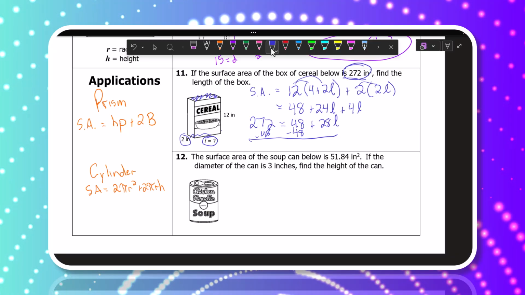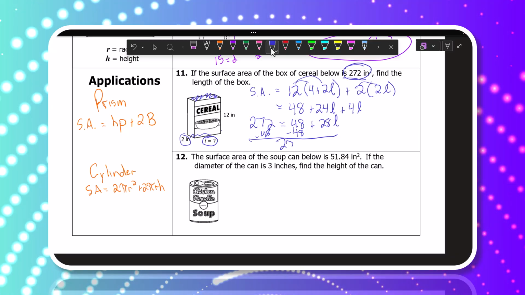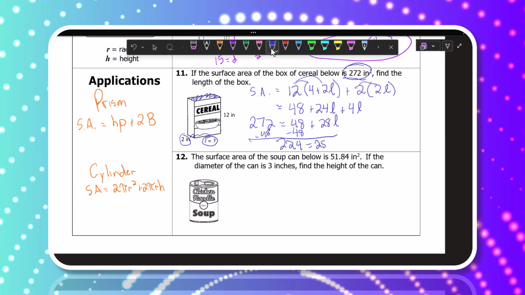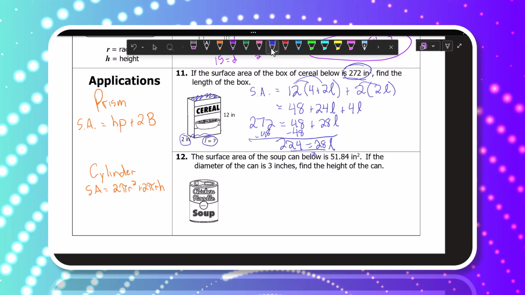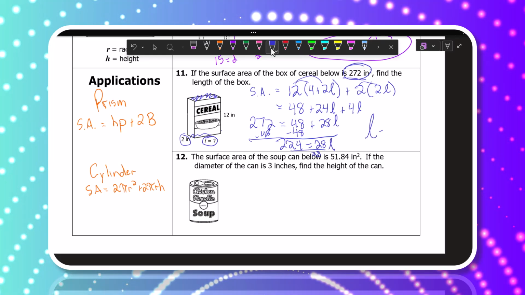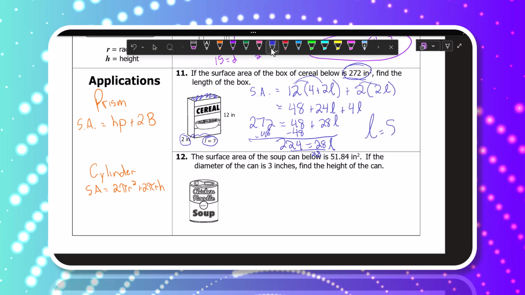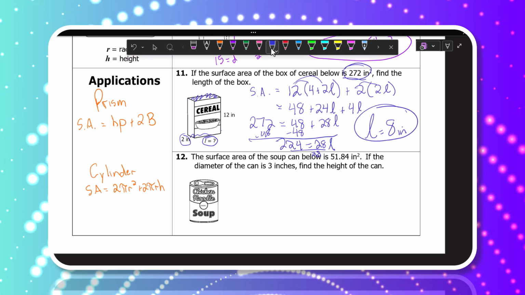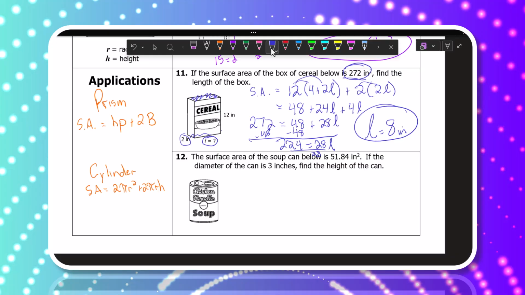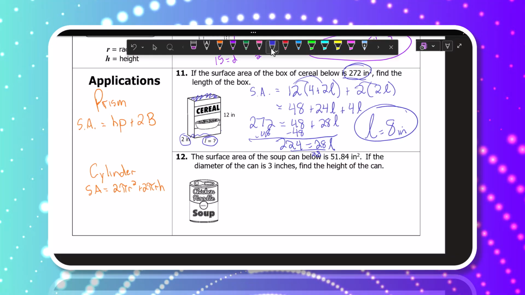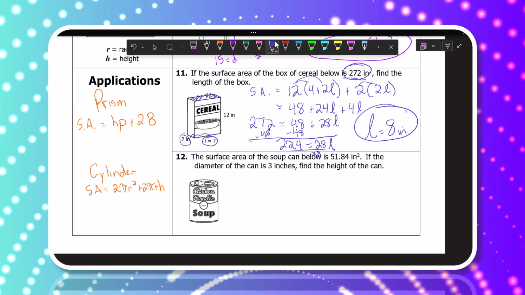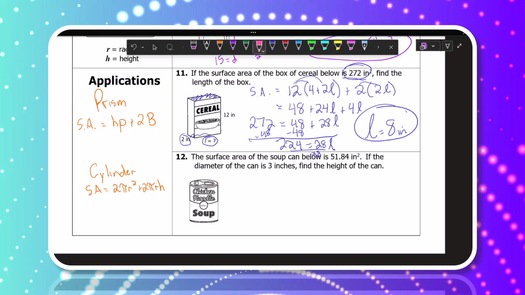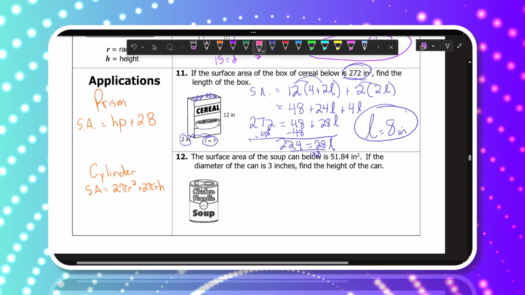We're left with 224 equals 28 times the length, and divide by 28. So our length equals 8 inches. And we can always work forwards and check that, but we're not going to right now.